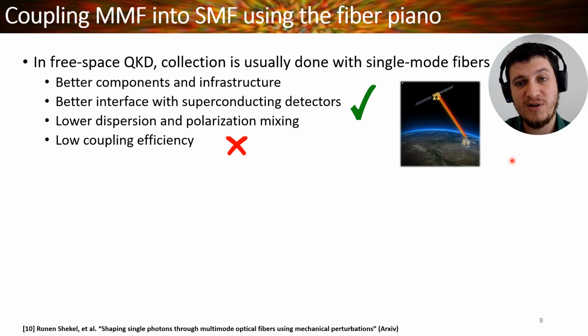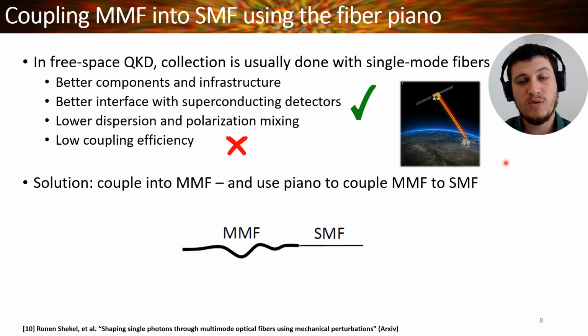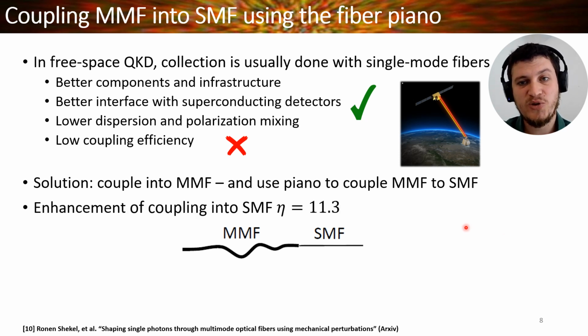However, it is really hard to couple into them efficiently. So a possible solution for this is to couple the light into a multimode fiber, and then use the fiber piano to couple the light from the multimode fiber into a single mode fiber, actually using the multimode fiber as some sort of funnel. So we do this, and we show an enhancement of, again, over an order of magnitude.